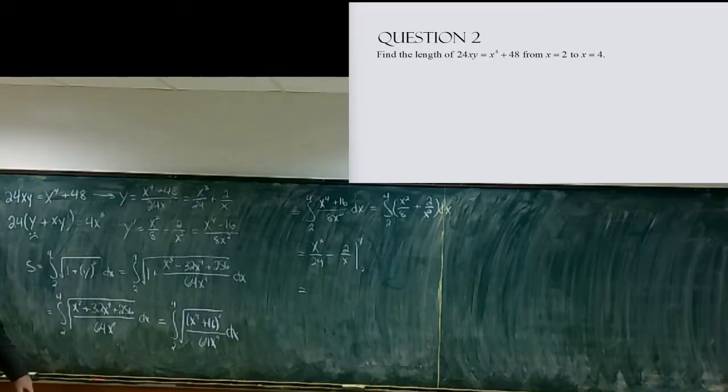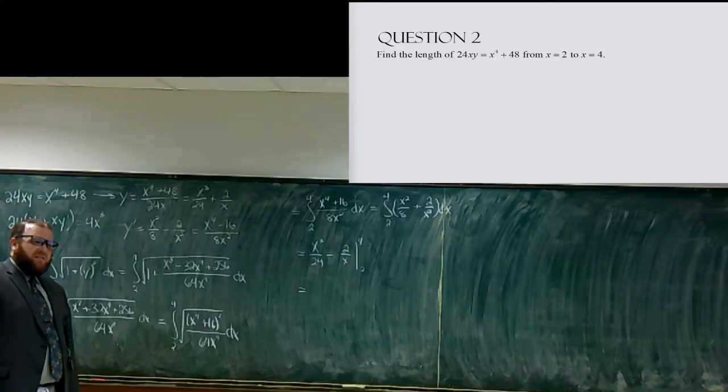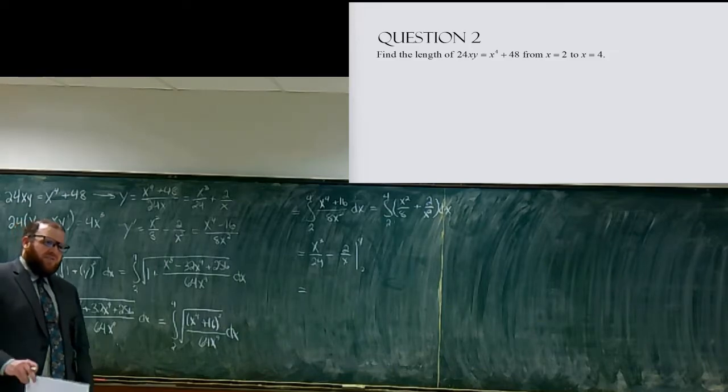Four cubed over 24 is 4 squared over 6, sorry. 16 over 6, 8 thirds.